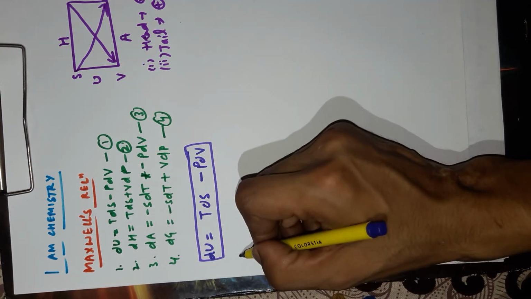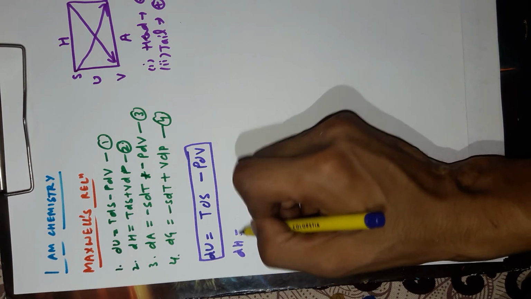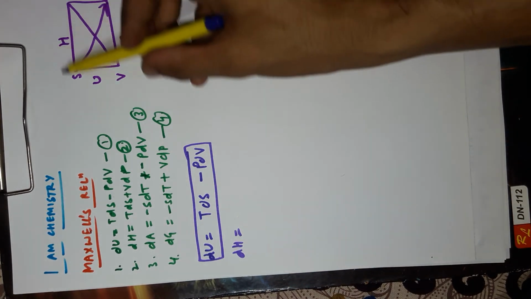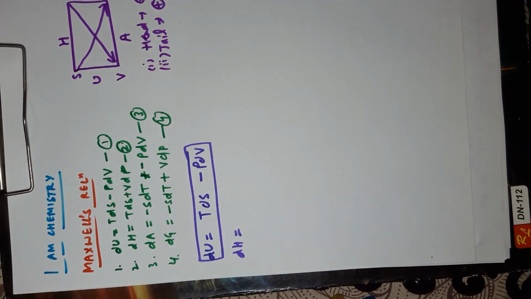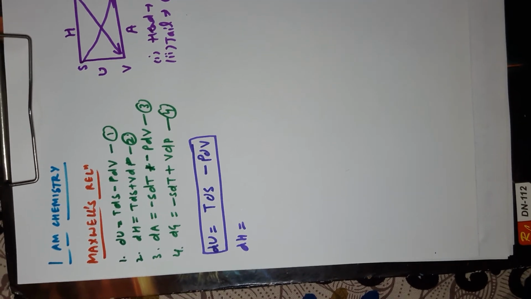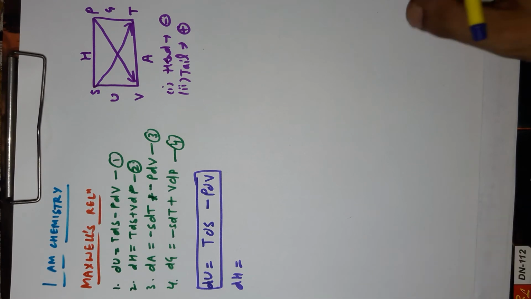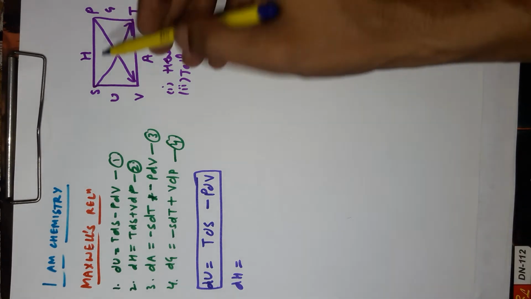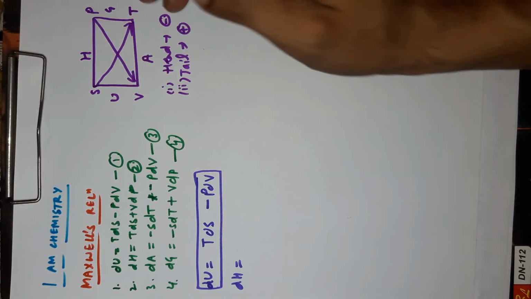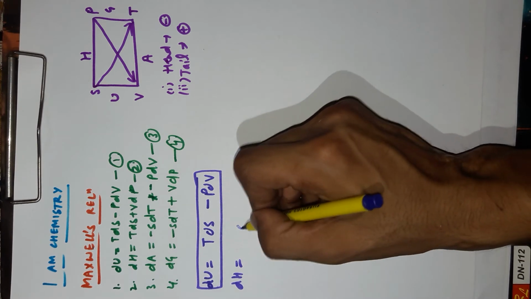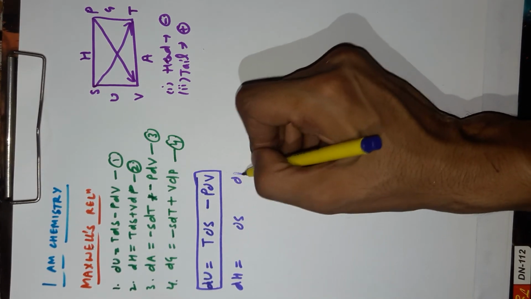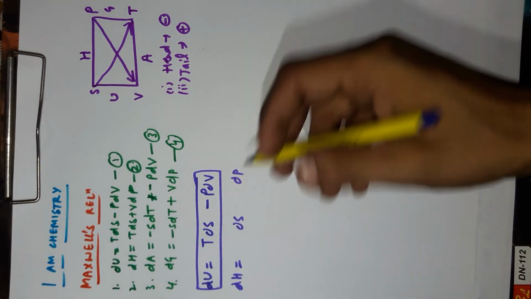Now let's take a look at dH, where we have entropy and pressure. So again dS and dP.